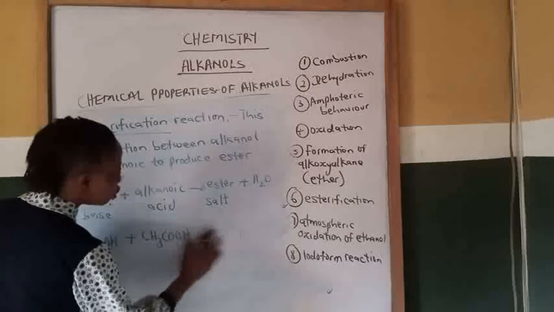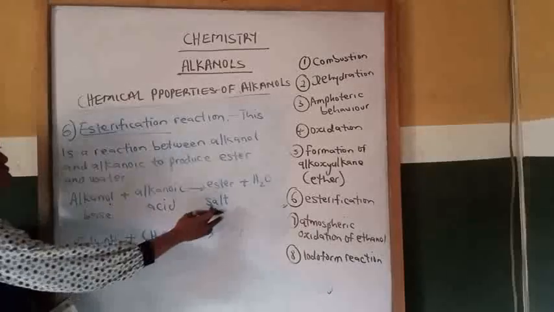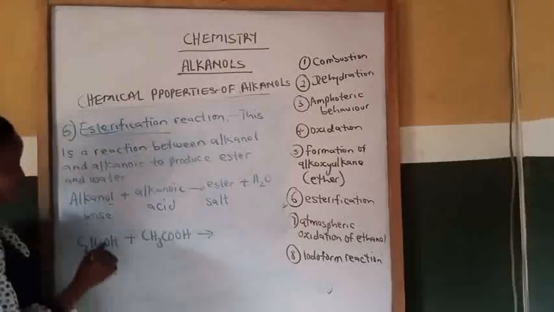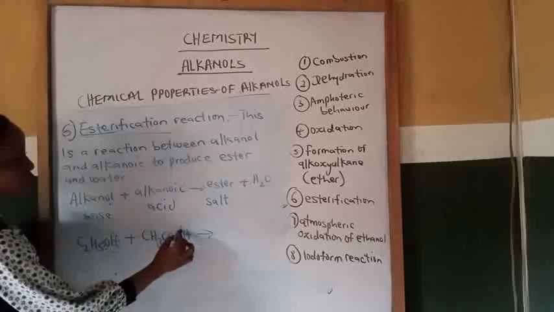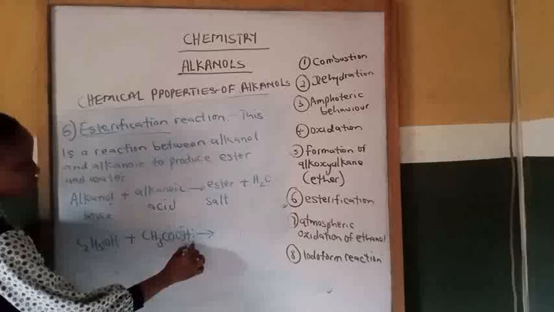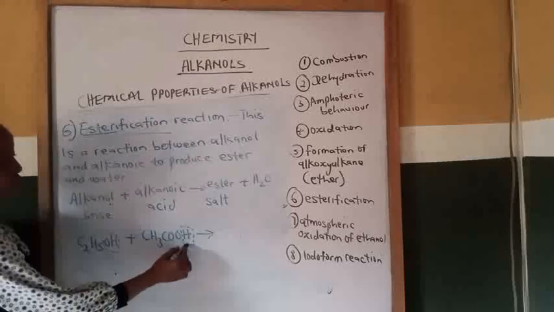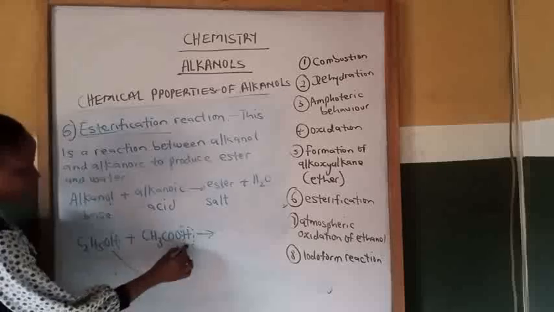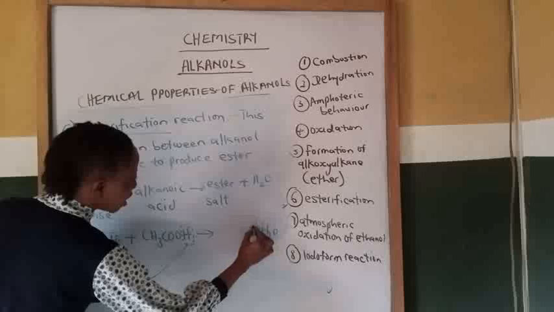So therefore, you remove water, because our products will be salt and water only. So you remove the hydroxy group here, then you remove the hydrogen atom. So this one and this one will combine together to give you H2O.